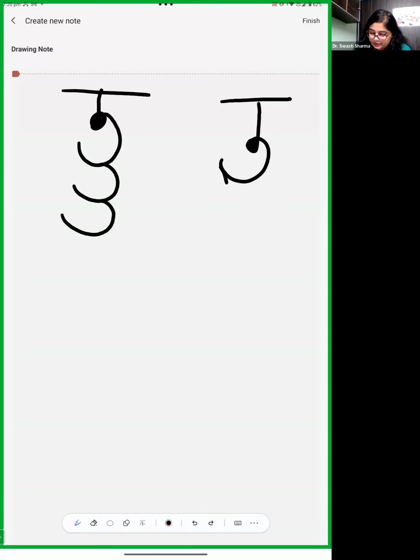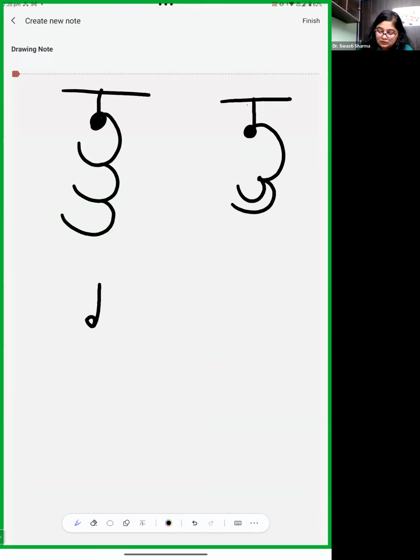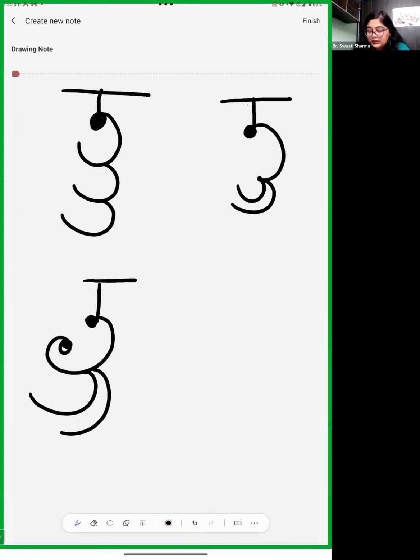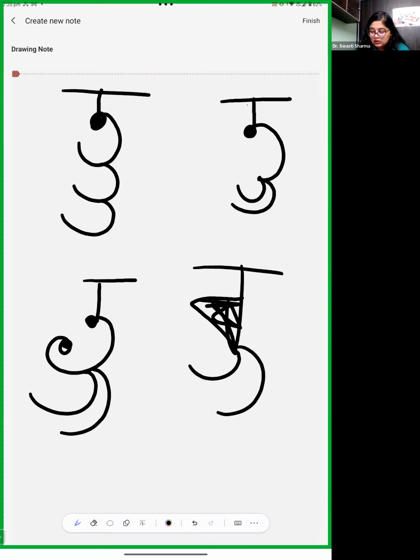Actually, it becomes like this. Here. Okay. The 2 and then the letter bha. And then the ra. The special ones. Okay. This is filled.